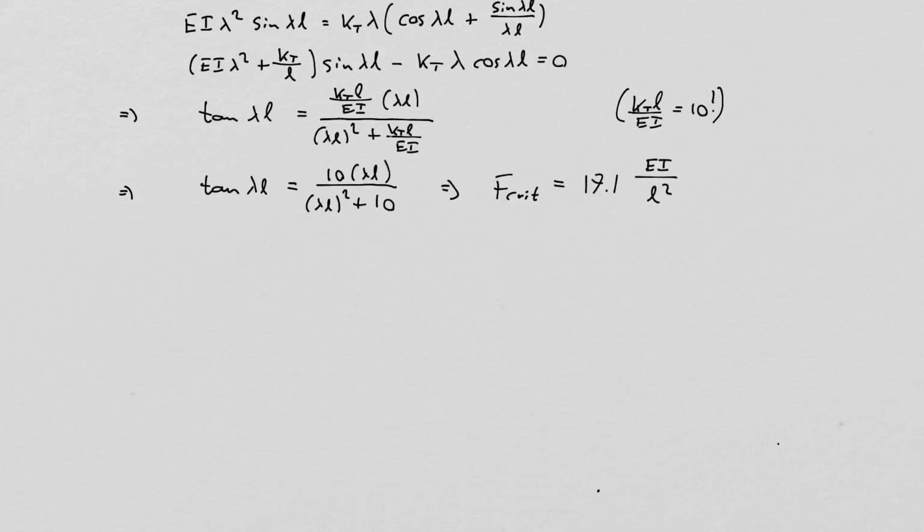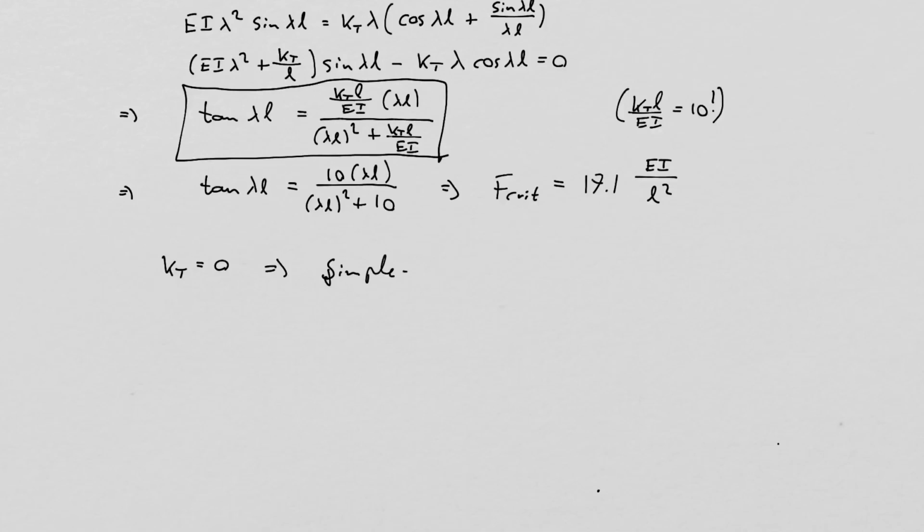Now, one thing that's a little bit interesting, a little bit cool, is that we can actually use this equation for two specific limit cases. If we have the case that kt equals 0, meaning we don't have a moment spring, then the result converges to the simple result.